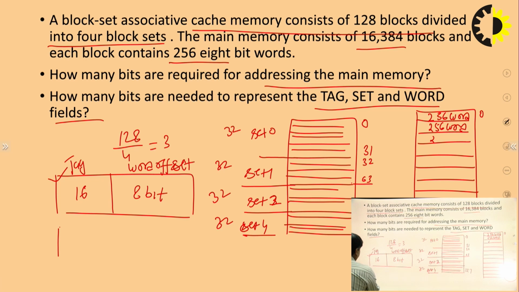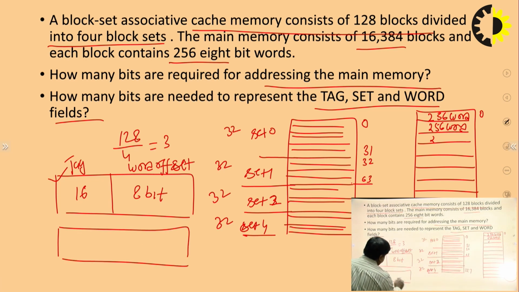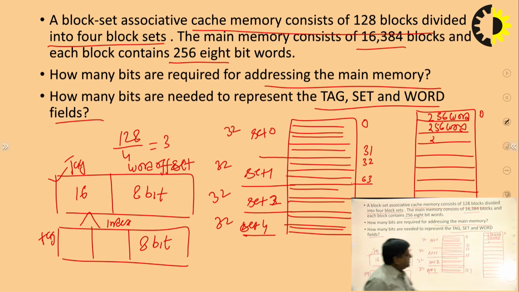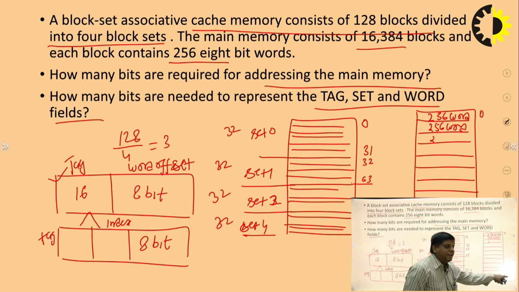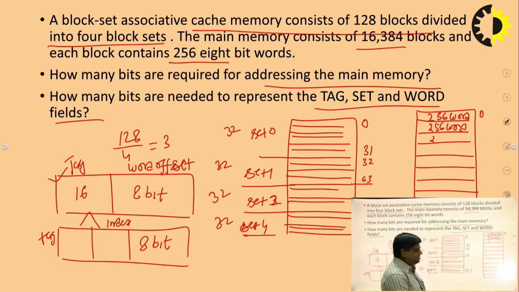The size of the word offset remains the same, that is 8 bits, and the tag is divided into two parts, one is tag and another is known as the index. The 16 bits are divided into two parts. It means this number of pages are accumulated into the 128 blocks.